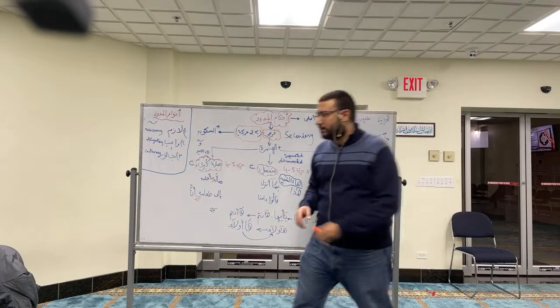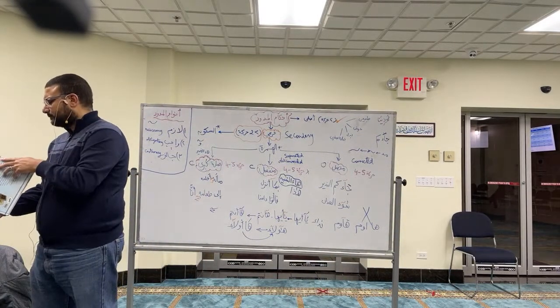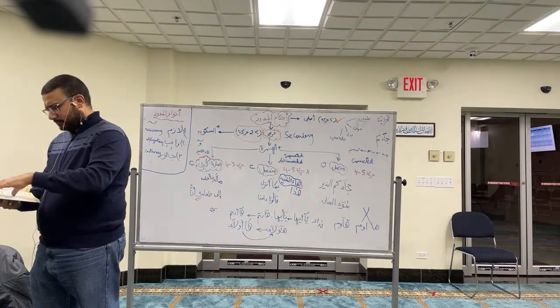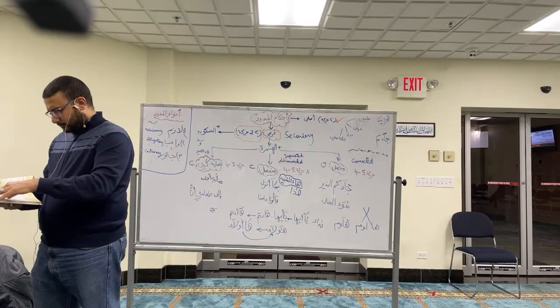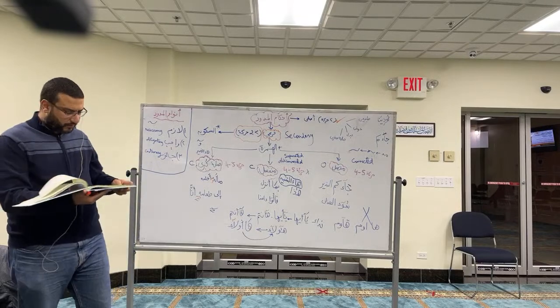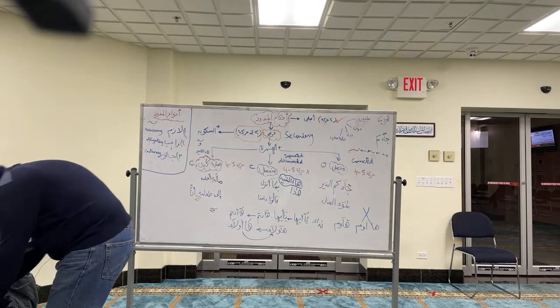I don't know if there are any other examples of ha at-tanbih. There might be one more. يا أيها يا أولى ها أنتم هؤلاء, which we didn't cover. يا أولي الألباب. Yeah, this is another one, which is not ha at-tanbih.